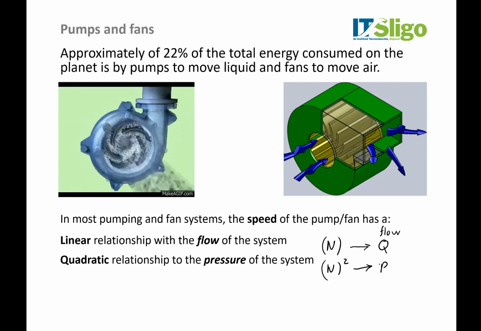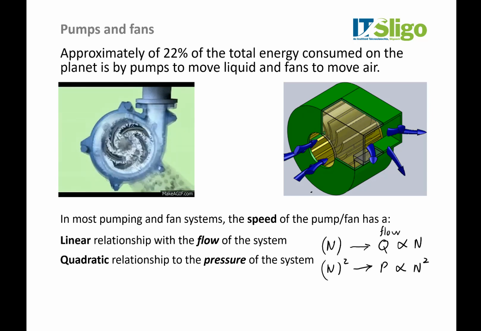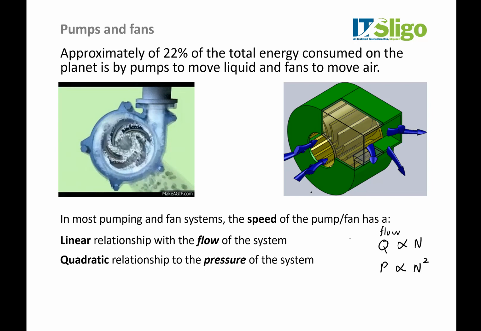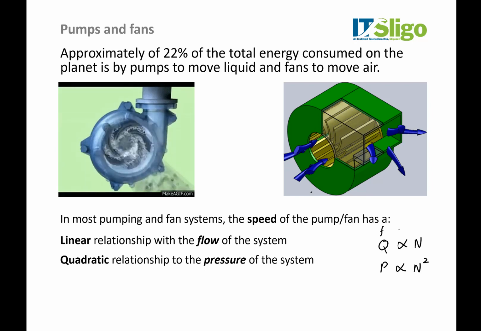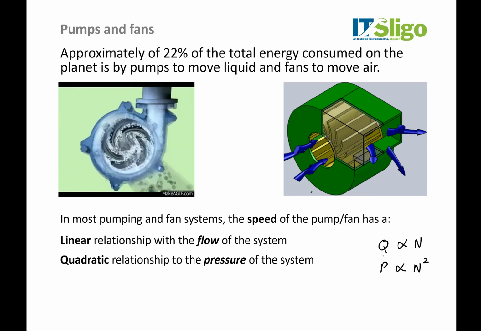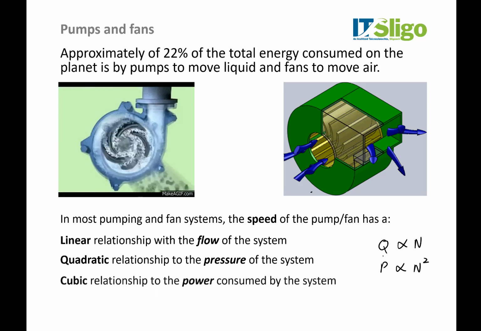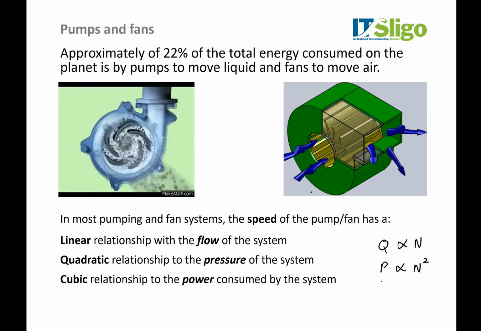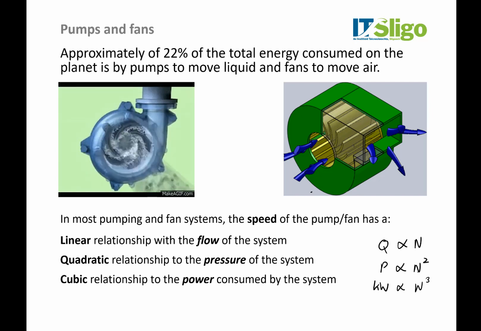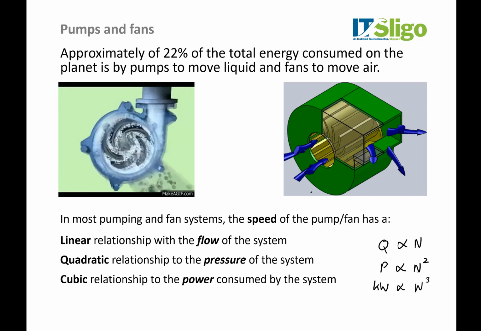I should really write these the other way. Q is proportional to N. P is proportional to N squared. That's a better way of writing them, a bit more mathematically correct. So P is the pressure in the system. And then there's a cubic relationship between the power used by the pump and its speed, that's N cubed.